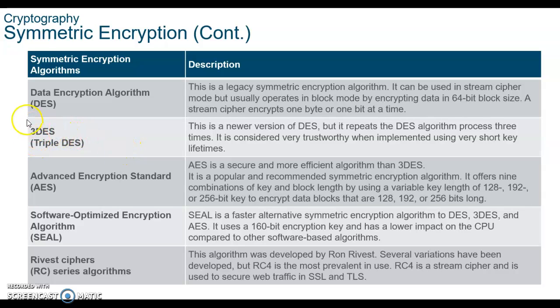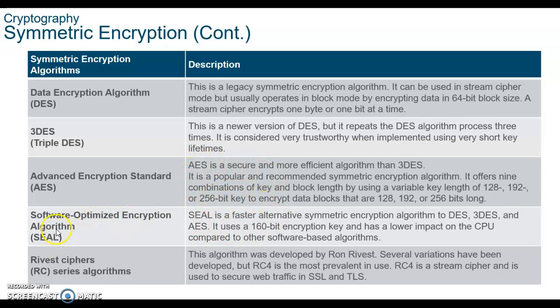Right here, again, if you're going to be using DES, let's make sure you're using 3DES, the newer version. And then Advanced Encryption Standard. This is actually even preferred, right? Because AES is secure and more efficient than 3DES. It's got more bits, plus, even though it is resource intensive, it's quite fast.